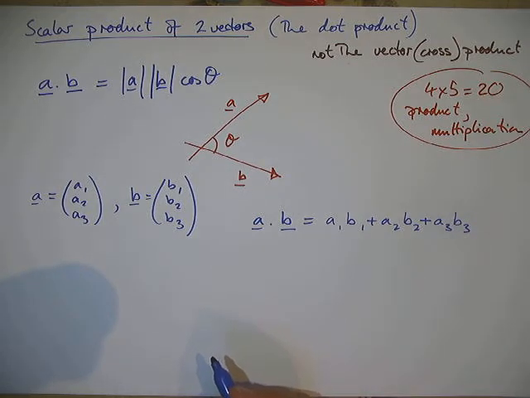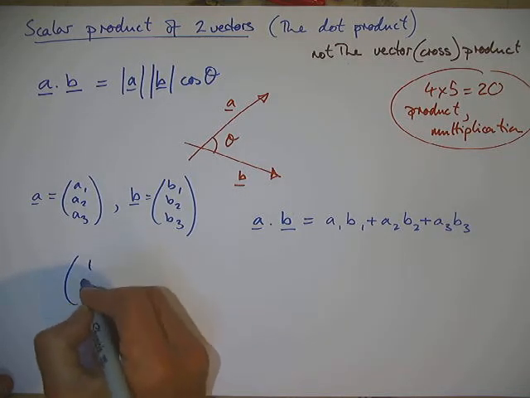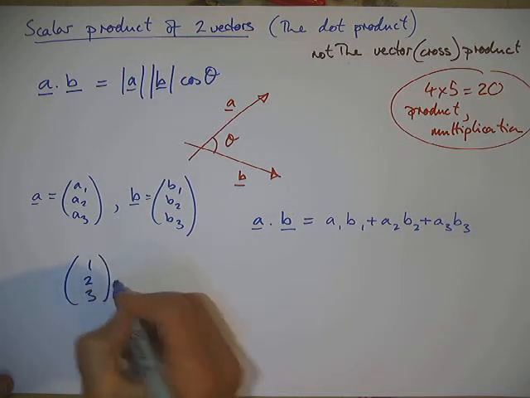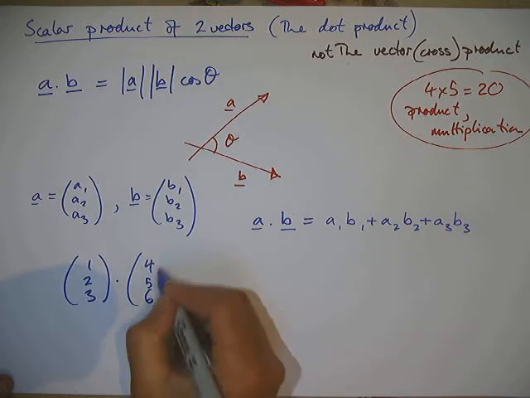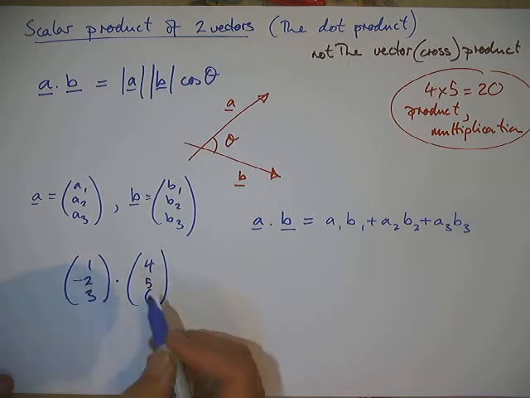So, for example, if we took 1, 2, 3 and dotted it with 4, 5, 6. Oh, let's make it interesting having some negatives there.